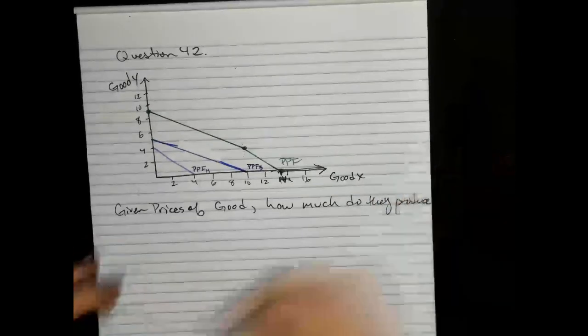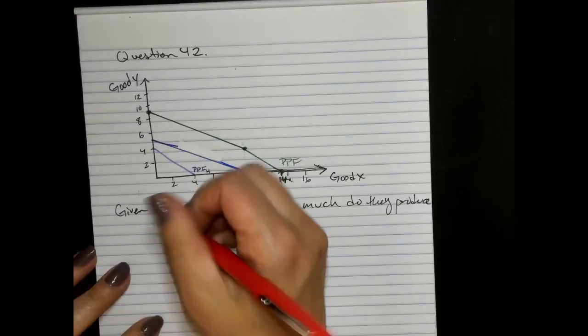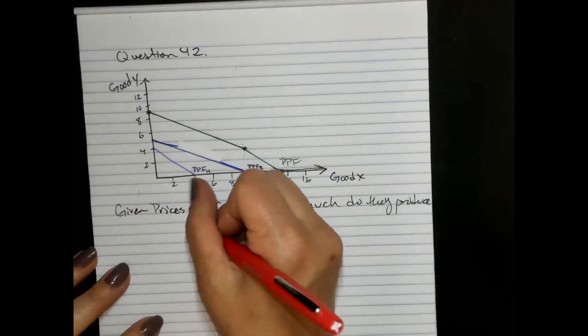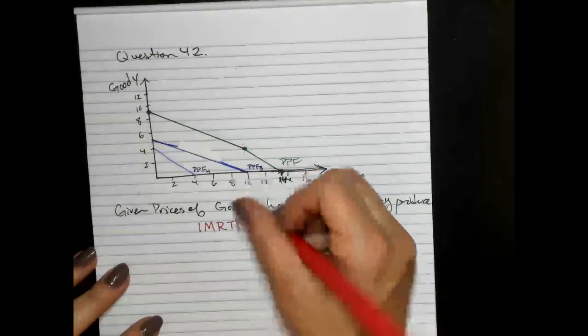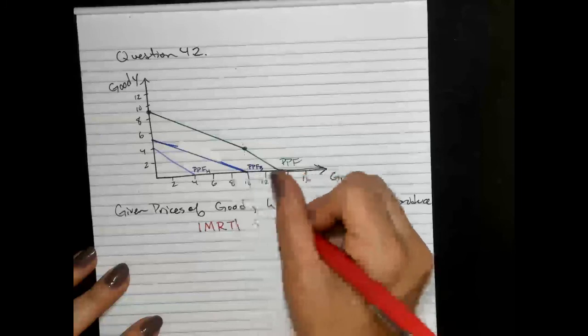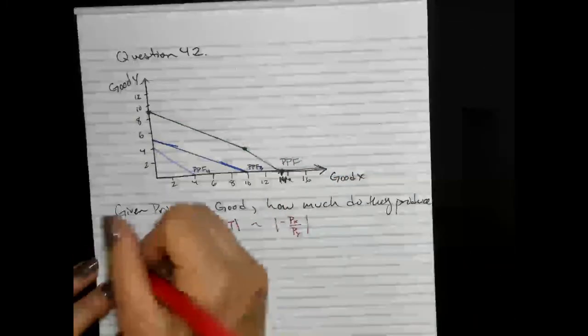And to solve this problem, you need to remember the rule, which says that it's going to be a function of the absolute value of the marginal rate of transformation relative to the absolute value of the ratio of the prices. So let's calculate it and find out.